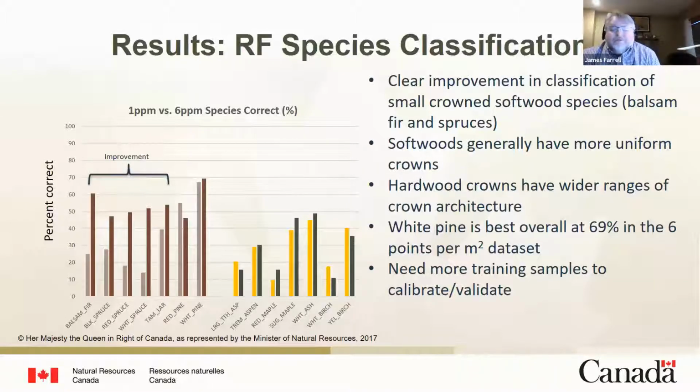As you can see, the largest gains in accuracy with the higher density LiDAR were the 3 spruce species and balsam fir. So these small crowns were more accurately classified with denser LiDAR. And white pine proved to be the best overall predicted species. Early results suggest that hardwoods don't seem to benefit as much from the higher pulse density, which is really interesting, and we need to look into that some more.